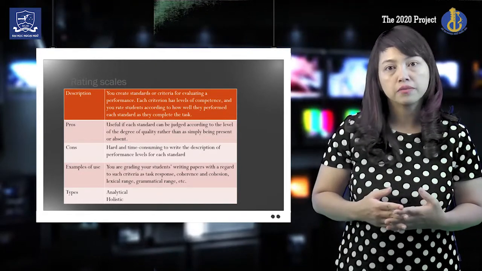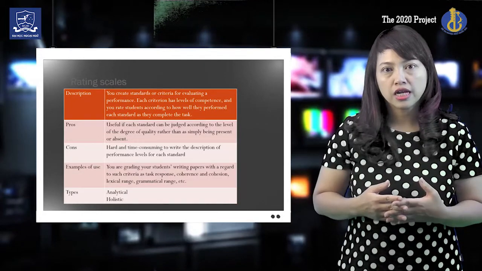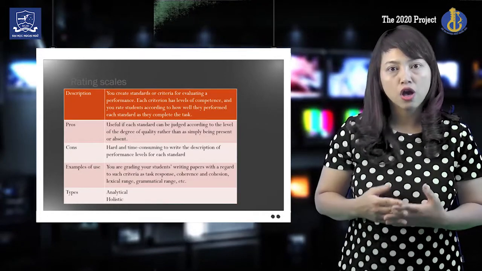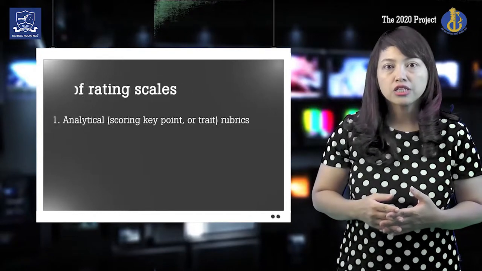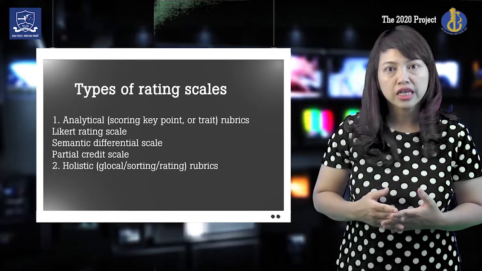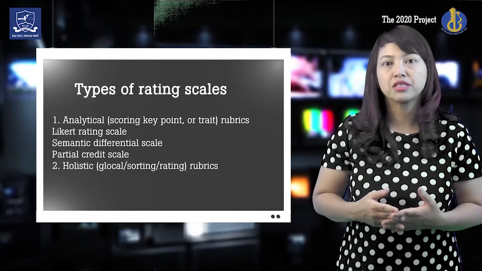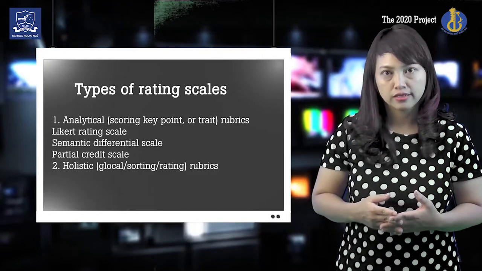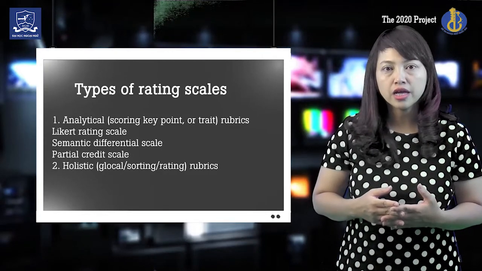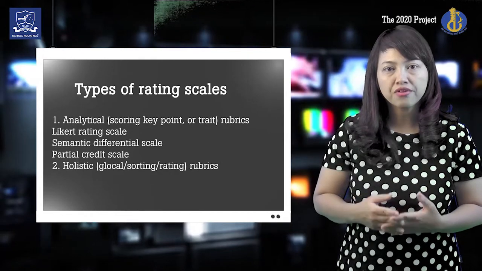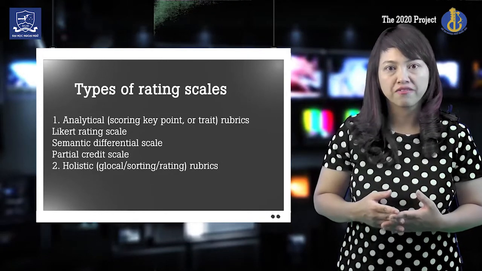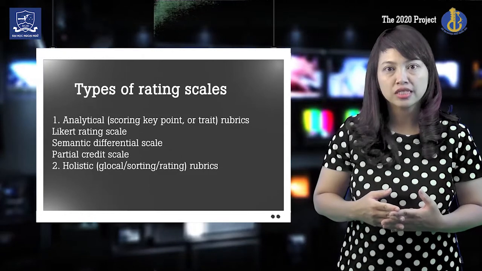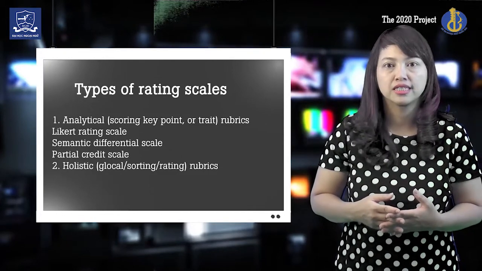There are two types of rating scales, the analytical ones and the holistic scale. Firstly, analytical scales are those containing clearly defined criteria or key points or traits, and each criterion is clarified by a number of levels representing students' levels of performance.